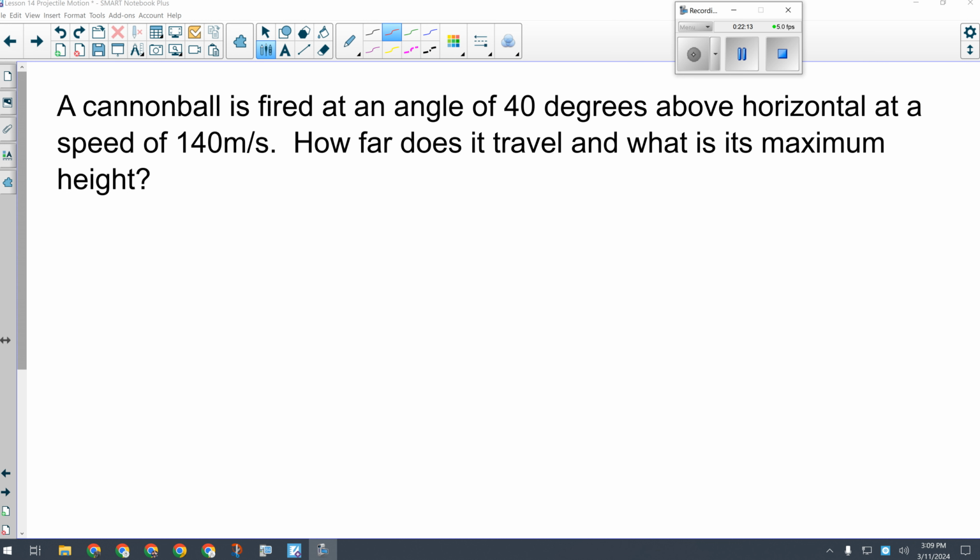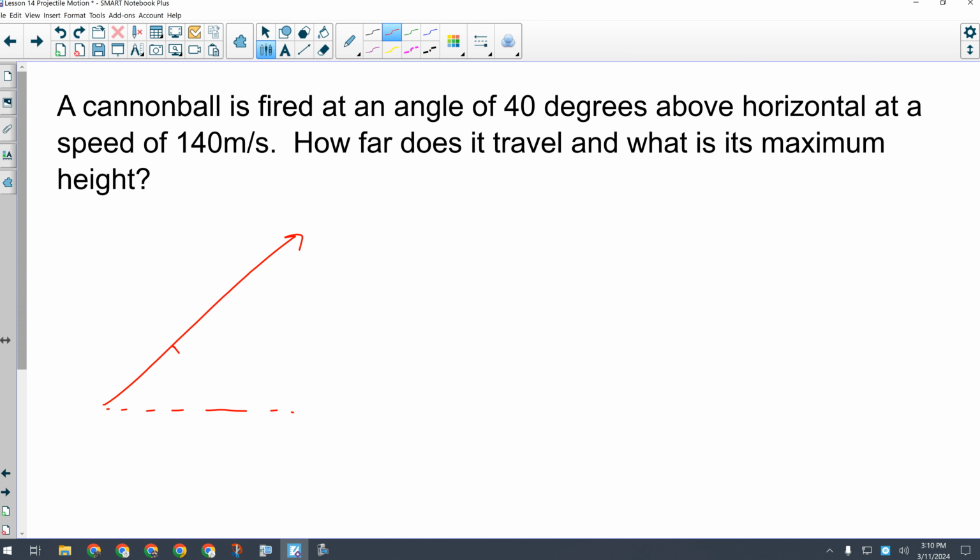All right, so for this one here, okay, we got a cannonball fired at an angle of 40 degrees above the horizontal, so much higher angle than our previous question. Okay, and it is fired at 140 meters per second along that vector. Okay, so as with all projectiles, it's going to follow a projectile arc that's going to look like that.